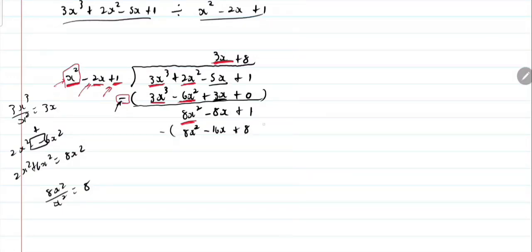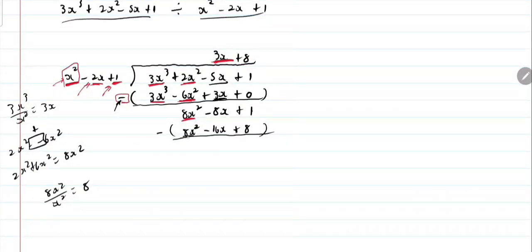Now what do I do now? I subtract. 8x squared minus 8x squared is 0. Right? Minus 8x minus 16x. Right? Let me write this down. Minus 8x minus 16x. This is plus, right?